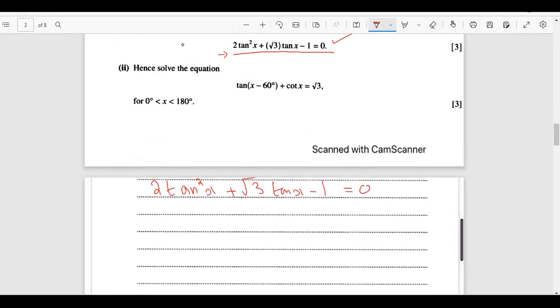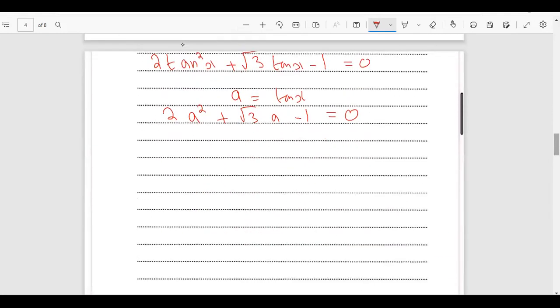Now this is simply a quadratic equation. I can replace a with tan x and I am going to get 2a squared plus under root 3a minus 1 equals 0. I need to simplify this using the quadratic formula and find the values of a.